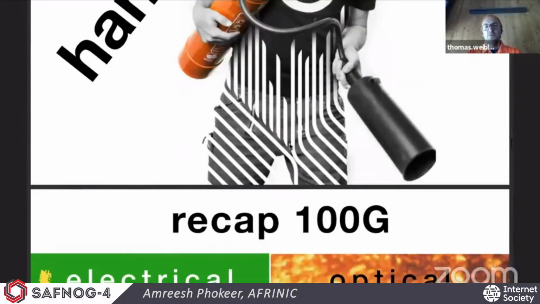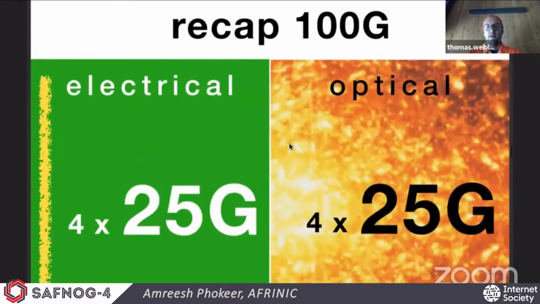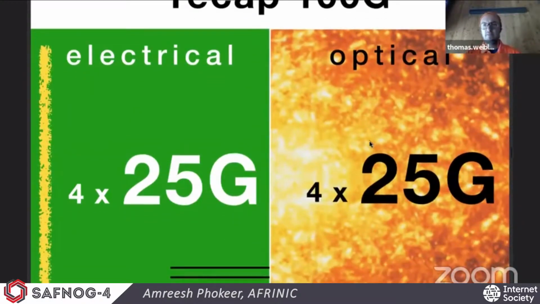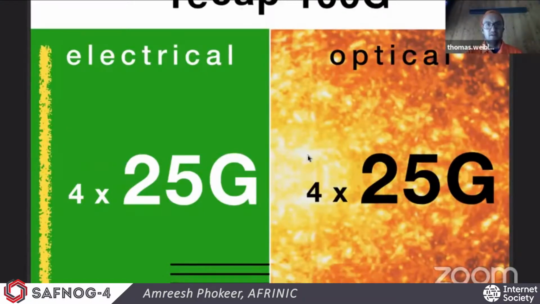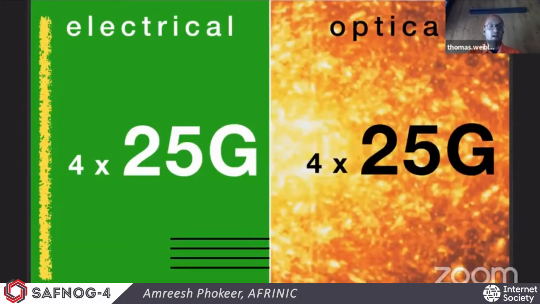I first want to do a recap on 100 gigabit. I just get rid of the headline. So, it's 100 gigabit we are talking about, so we start on the left side now.